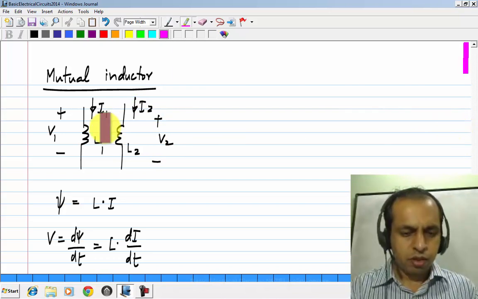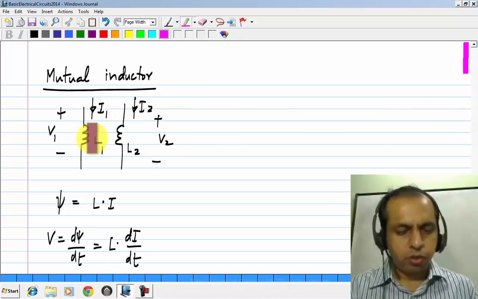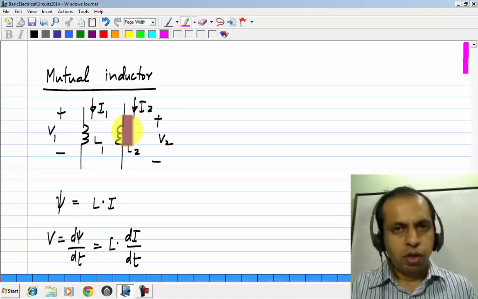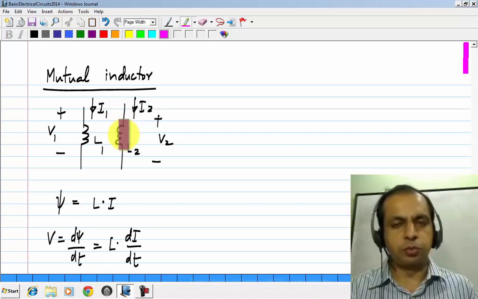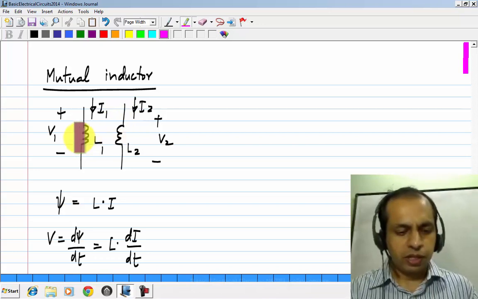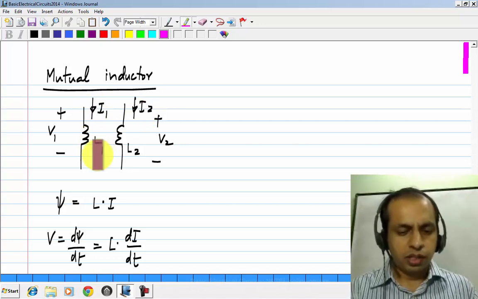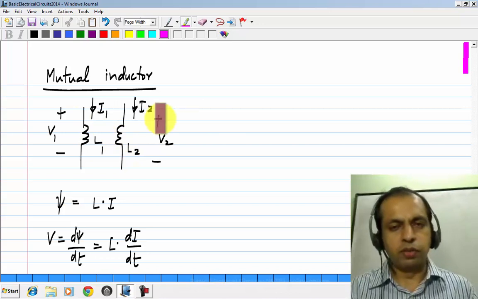They can be arranged to be close enough to each other such that when you pass a current I1 through L1, it induces a magnetic field in L2 and causes some flux linkage there as well. So, the flux linkage in inductor L1 is related to I1 as well as I2, and similarly the flux linkage in L2 is related to both I1 and I2.